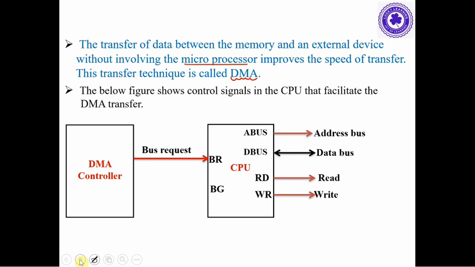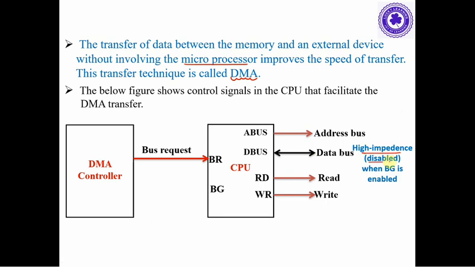Now, whenever the DMA requires the address bus, data bus, or in other words the buses that are handled by the CPU, the DMA controller sends one control signal to the CPU called bus request. Upon seeing the bus request signal, the CPU terminates the current process and keeps the address bus, data bus, and read write control signals in a high impedance state.